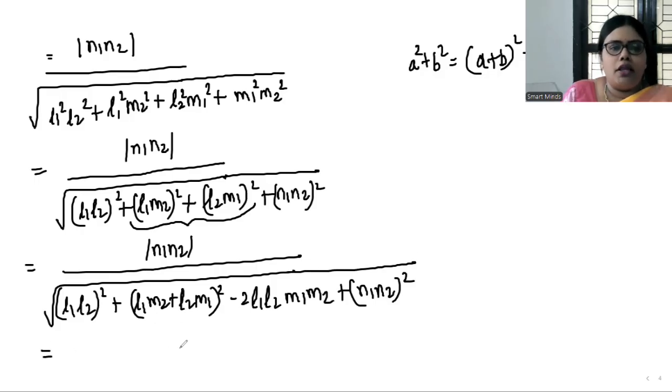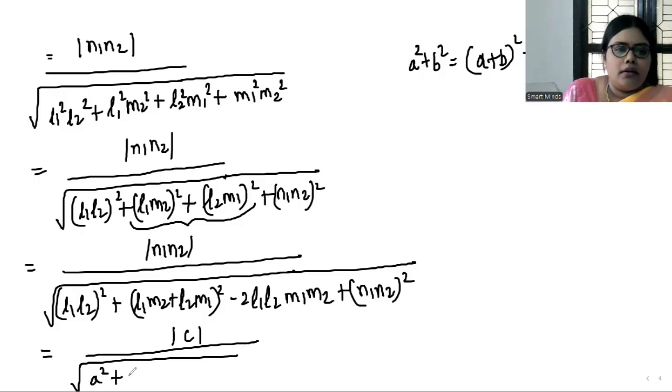Now we can apply the values. So N1 N2 is C by root over (a square plus 2h) whole square minus 2ab plus b square. This is M1 M2, M1 M2 whole square.